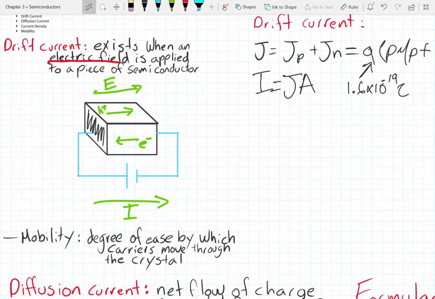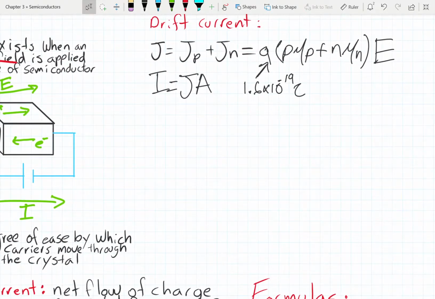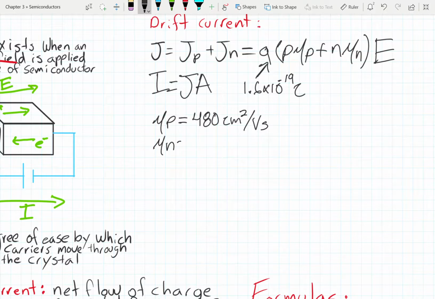So what does that mean? It's how easily these carriers, electrons and holes, move in the crystal. And that is obviously material dependent. For example, for intrinsic silicon, the mobility of holes is equal to 480 centimeters squared per volt second, and the mobility of electrons is equal to 1350 centimeters squared per volt second.